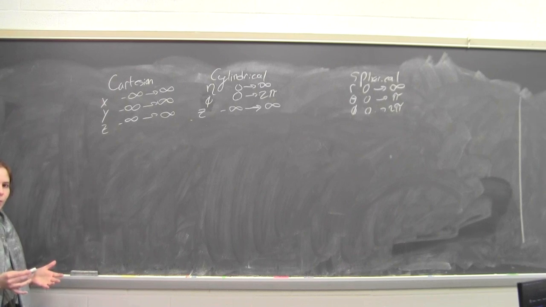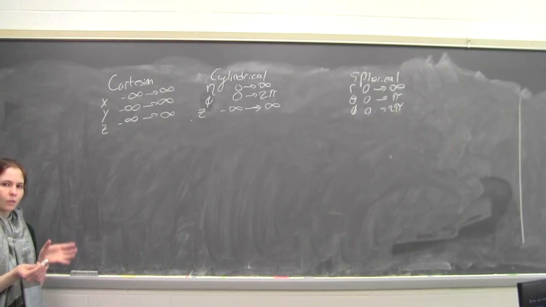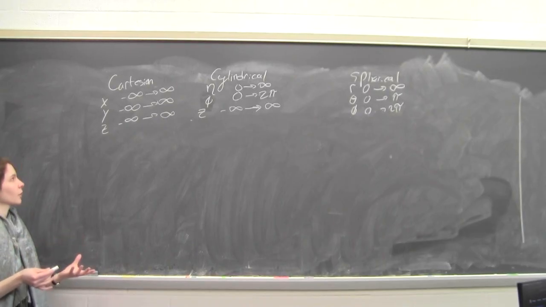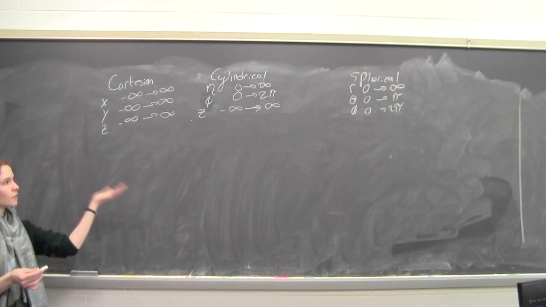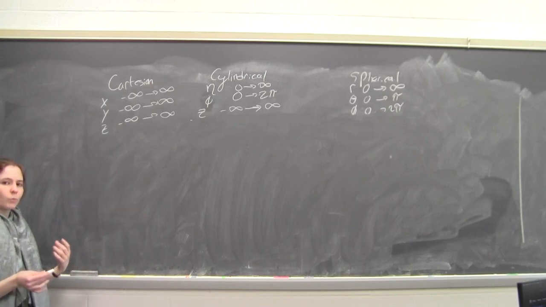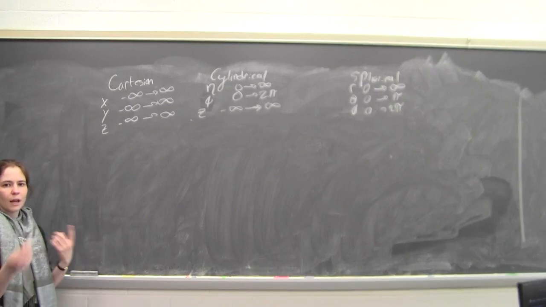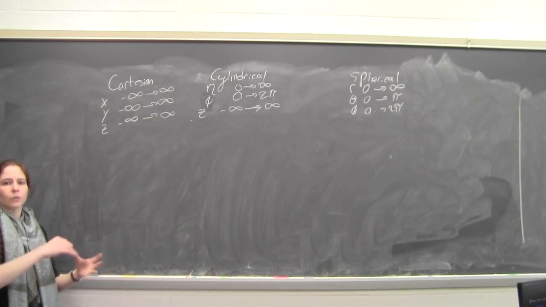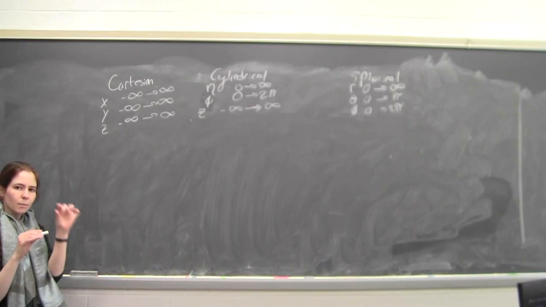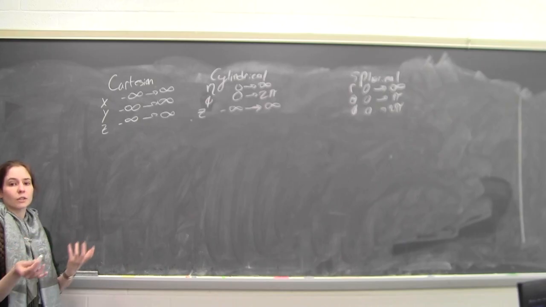To finish this off, I want to talk a little bit about infinitesimals, which is to say very small lines, areas, and volumes in Cartesian, cylindrical, and spherical geometries. A lot of the time we want to break up some longer line or bigger area or larger volume into itty-bitty pieces so that we can use it in an integral.